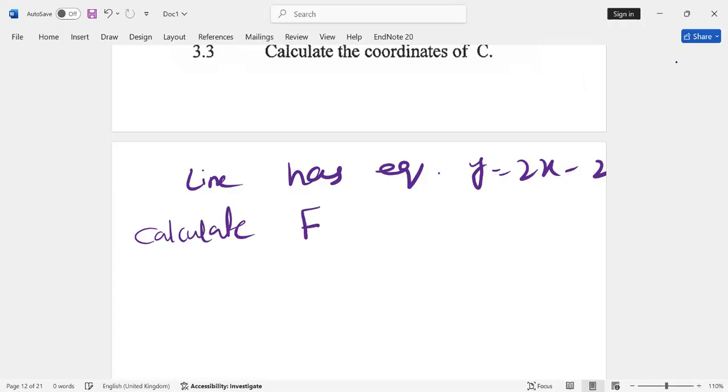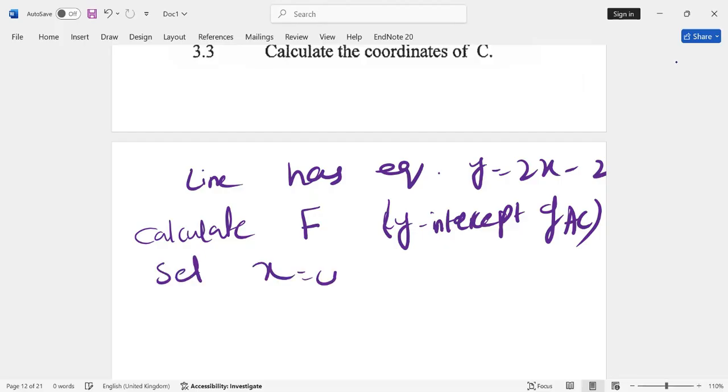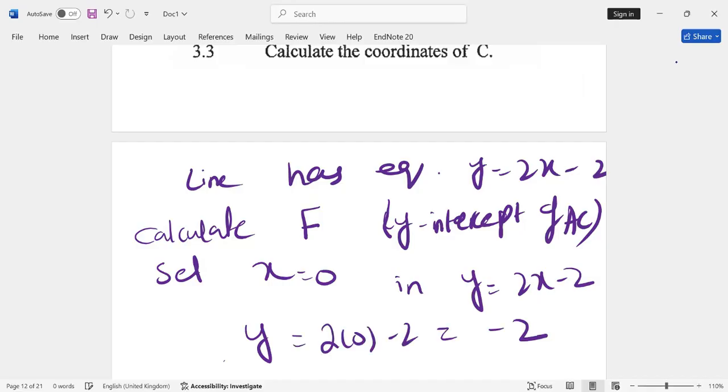So the y-intercept of AC: set x equals 0 in y equals 2x minus 2. When you put x equals 0, y equals 0 minus 2, so we get minus 2.